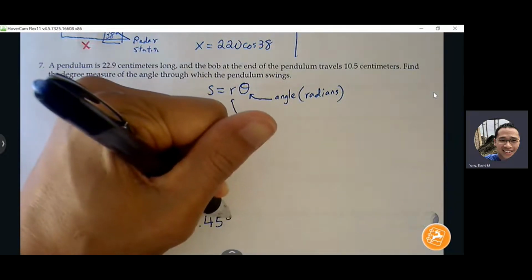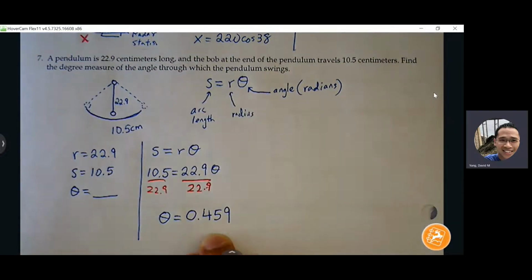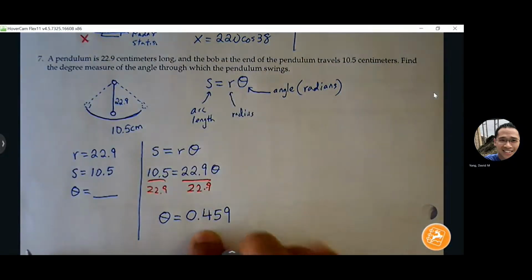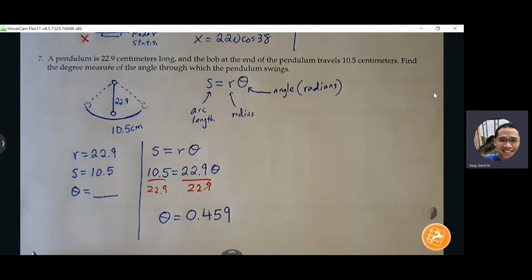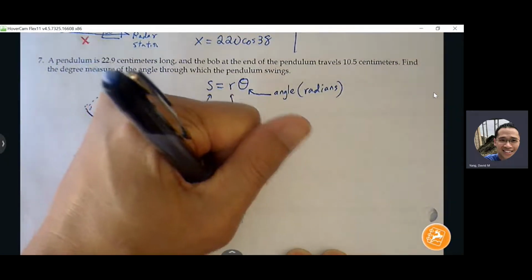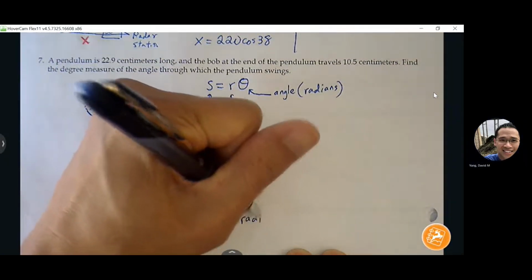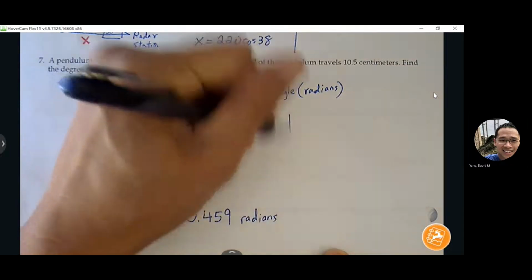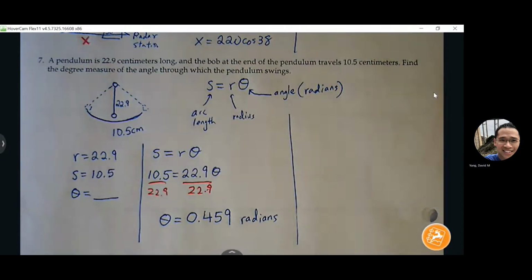Either is fine. Now, this is in terms of what? Radians, right? Anything with a formula is going to be given to you in terms of radians. Is that clear? If you're touching the formula, then theta is going to give you in terms of radians. Degrees, we got to do something else with it, but are we good with theta equal 0.459 radians?